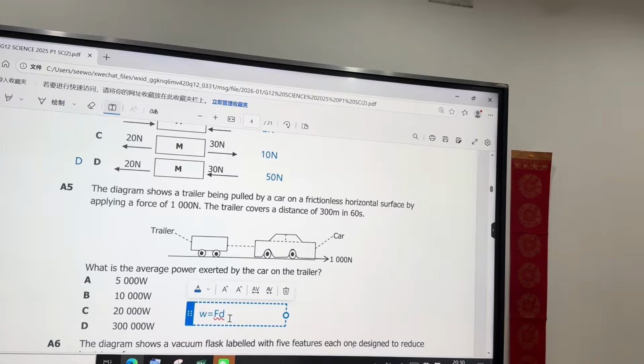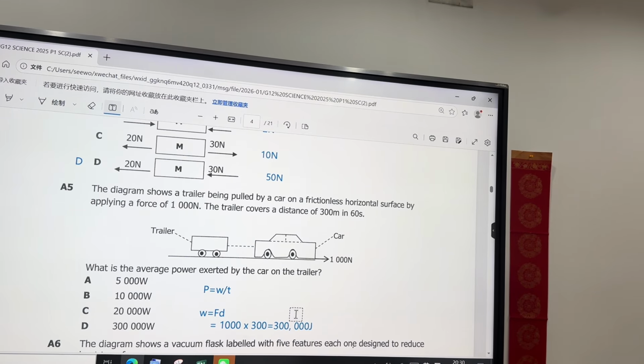So in this case, the force is 1000 newtons multiplied by the distance covered, which is 300 meters. So this one will give us 300,000 what? Joules of work was done. So 300,000 joules of work was done by the car on the trailer.